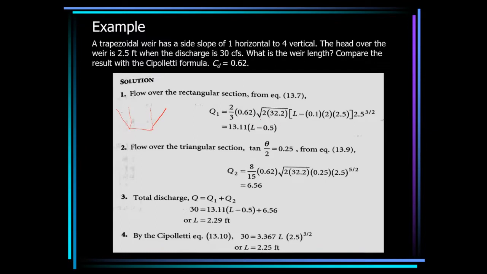So this is the flow over the rectangular section, which is contracted. So that's why we have n equal to 2 in the 0.1 nH term, which is contracted, and H equal to 2.5, and L is what we want to find. So this is when we simplify. This is Q1, and then we go to find Q2.